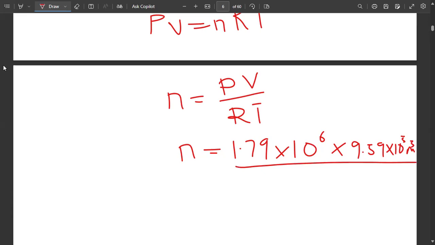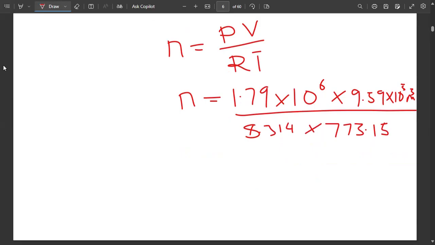Then over R, which is 8.314, multiplied by the temperature, which is 773.15 Kelvin. Okay, like that. So if we multiply what's in our numerators and what is in our denominators, this is what we are going to get.